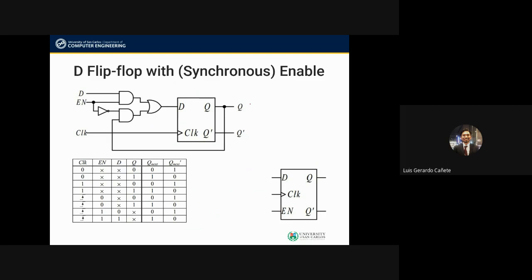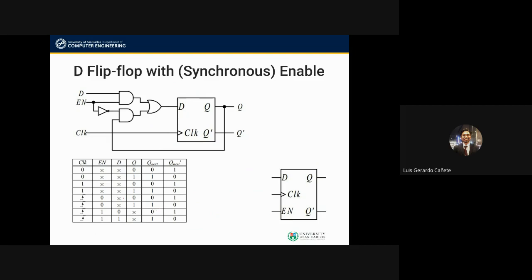I'm not going to make this too difficult, but basically asynchronous enable overrides the value of D. So that when this is 1, regardless of the value of D, the Q next will be... enable and clock.